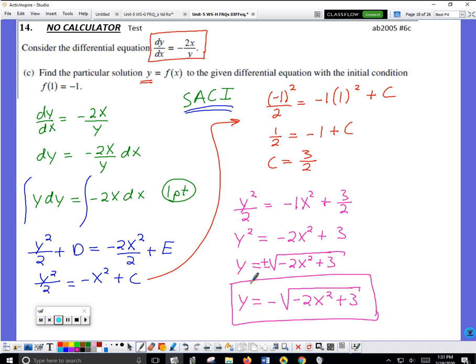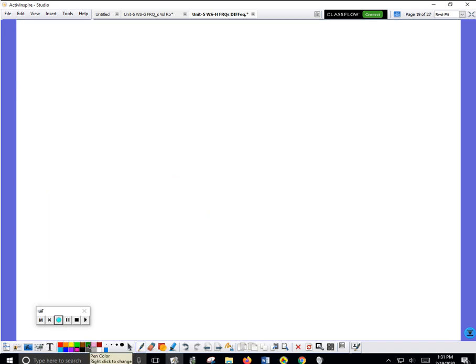So the big picture again is, remember this. We started out realizing that we've got a chart here. And they're giving us this, also known as dy/dx.